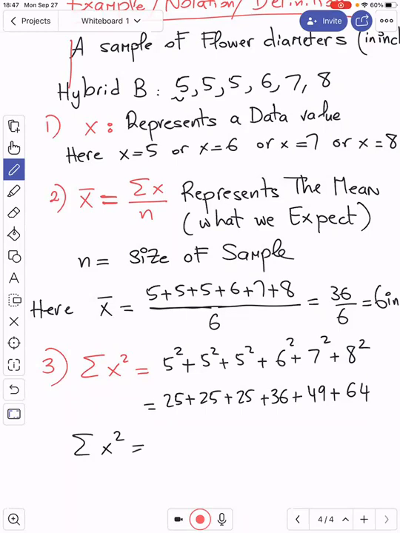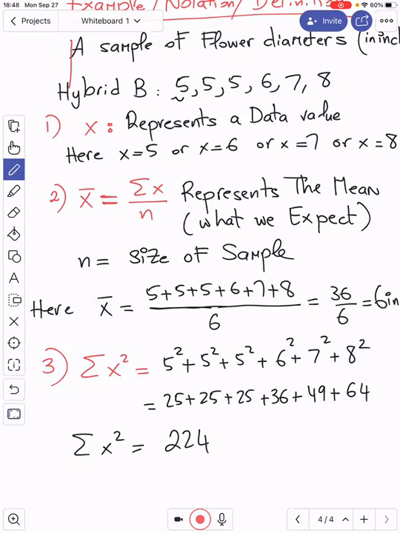Let me check my notes. Yes, it's 224. So that's what I mean by the sum of X squared: just take the square of your data values.